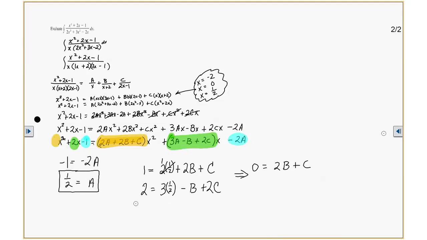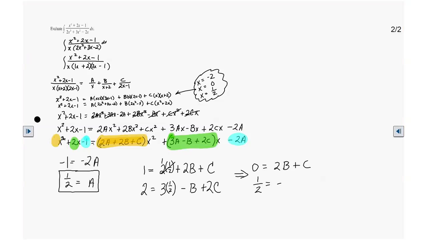Bring 3/2 over, that'd be minus 3/2. I'm thinking 4/2 minus 3/2 is 1/2, right? Somebody check me. So that'd be 1/2 is equal to negative b plus 2c.